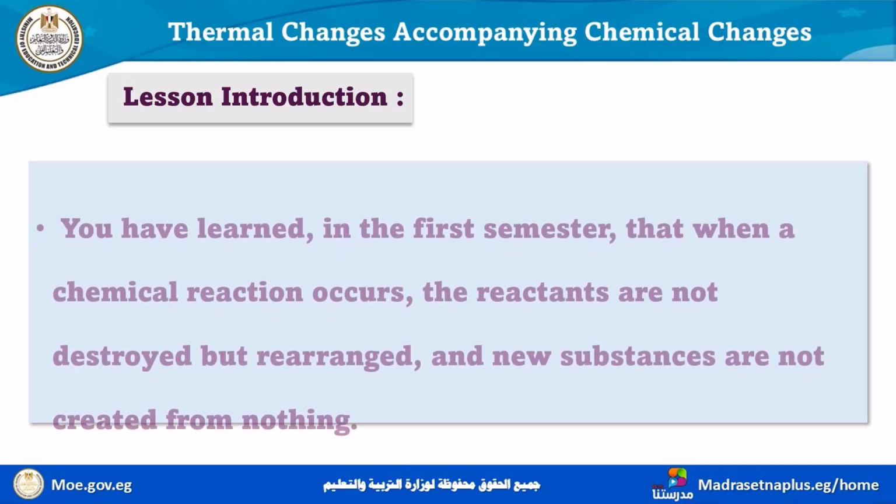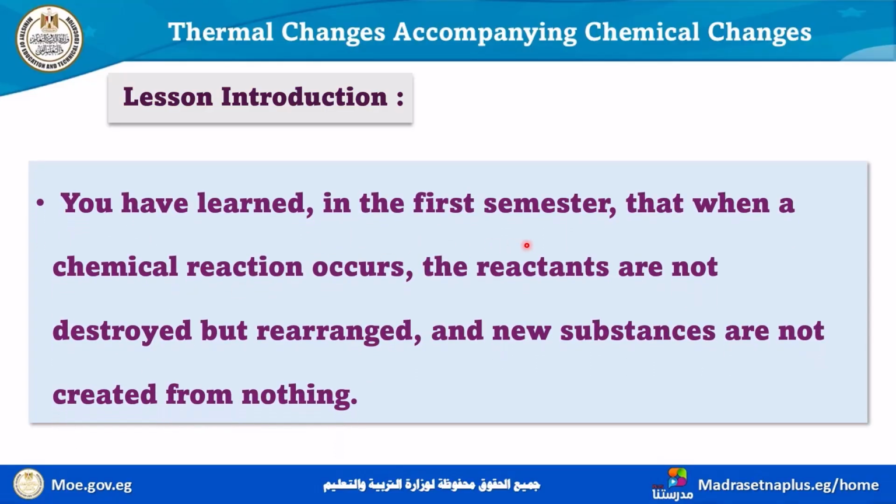You have learned in the first semester that when a chemical reaction occurs, the reactants are not destroyed but rearranged, and new substances are not created from nothing but from the rearrangement of the atoms of the reactants to give the new products.